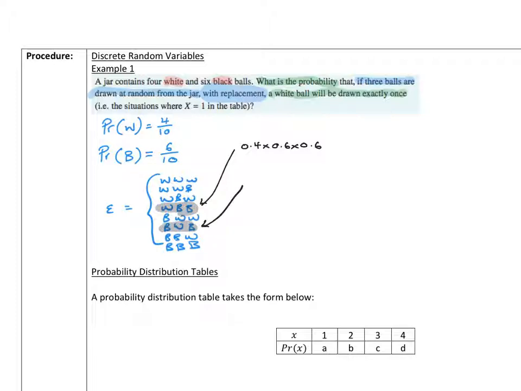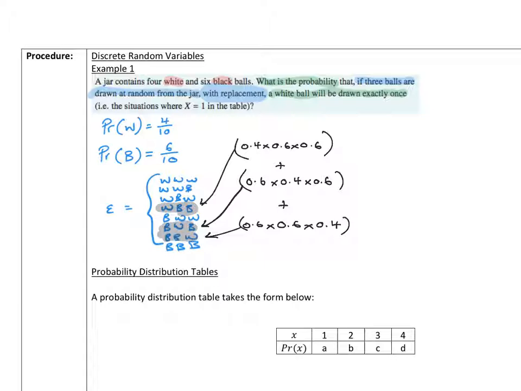Now the chance there would be 0.6 times 0.4 times 0.6. And the last possible outcome, black, black, white, would be 0.6 times 0.6 times 0.4. So there are 3 instances in which x equals 1, and we could add up all these instances in order to find our outcome.